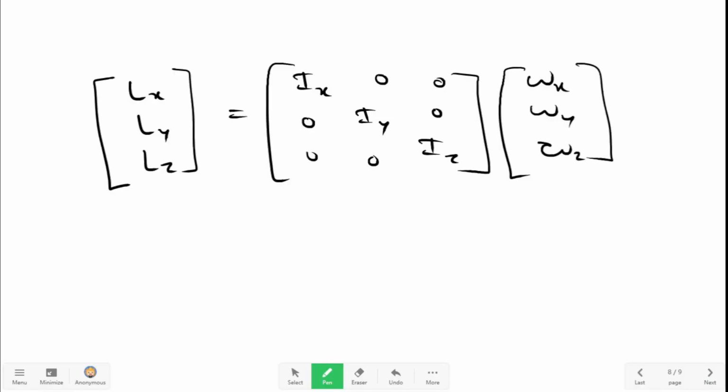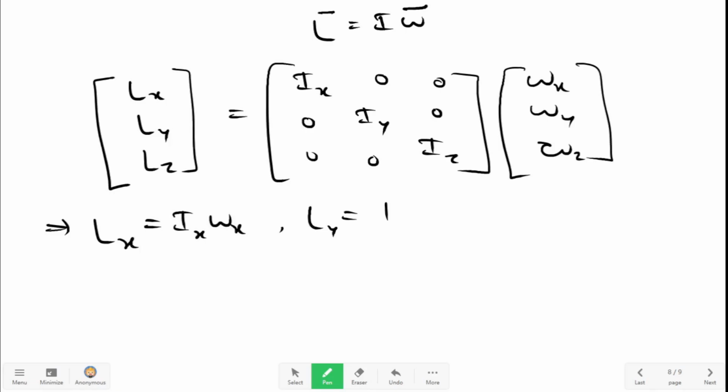So this is L is equal to I omega in the matrix form, when we write it like this. And therefore from here we can say Lx is equal to Ix omega x, Ly is equal to Iy omega y, Lz is equal to Iz omega z.